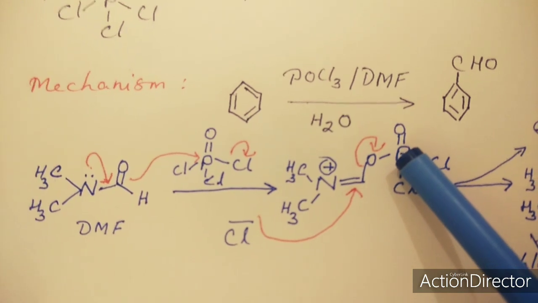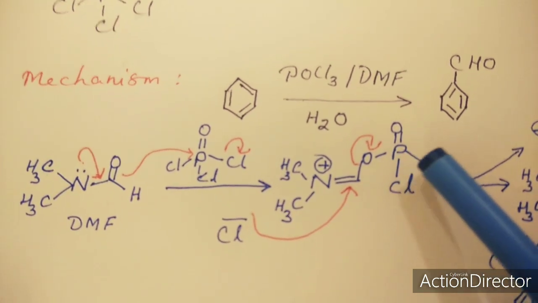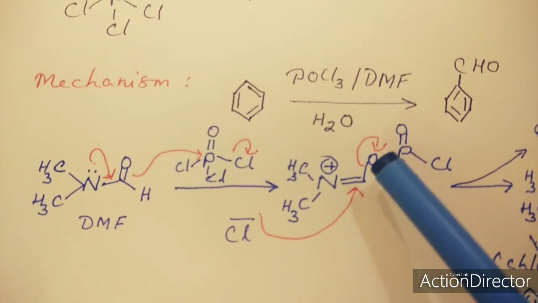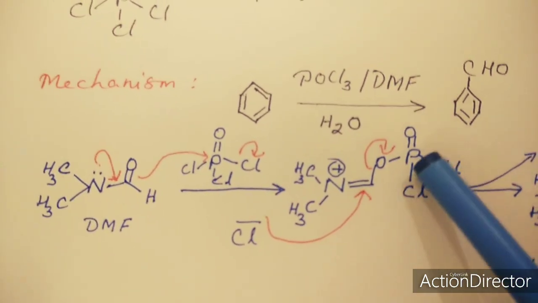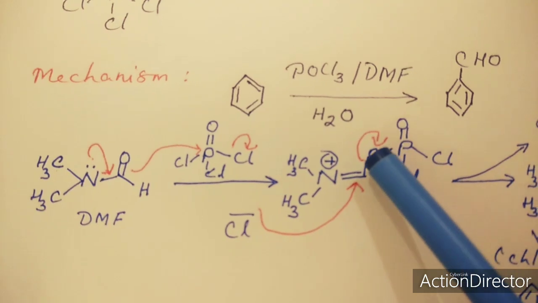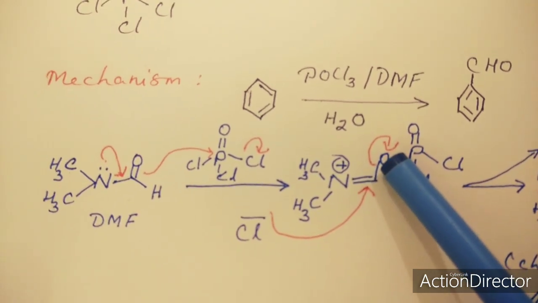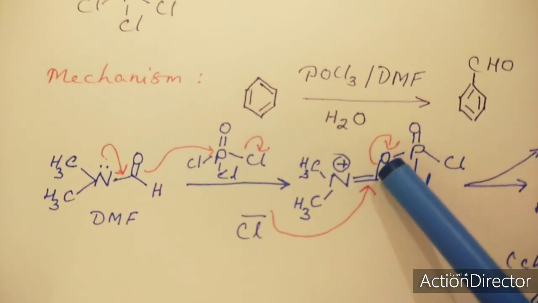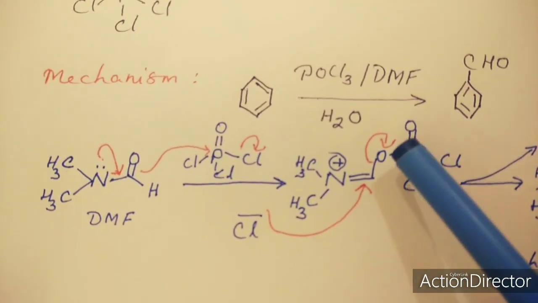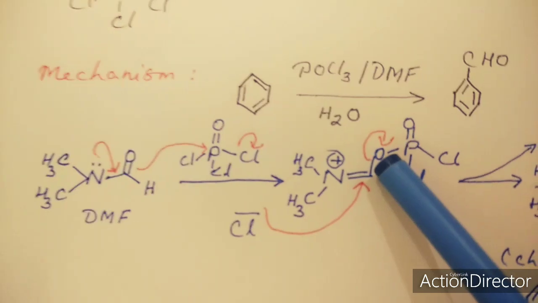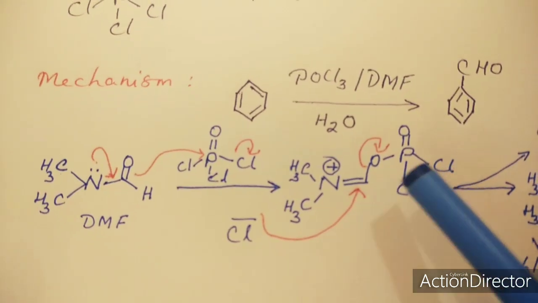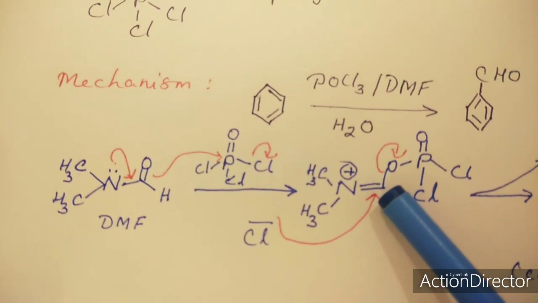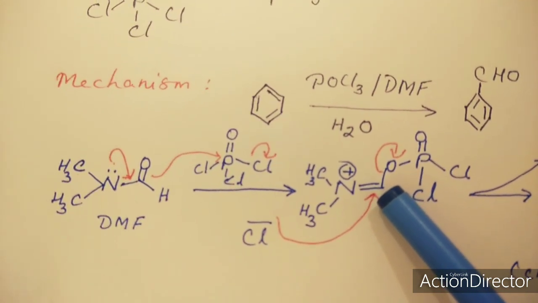Because phosphorus is attached to these two Cl and to this double bond oxygen. This entire group is pulling electrons from this oxygen, and this entire group can therefore leave, that is PO2Cl2. In place of that, a Cl we will get here.